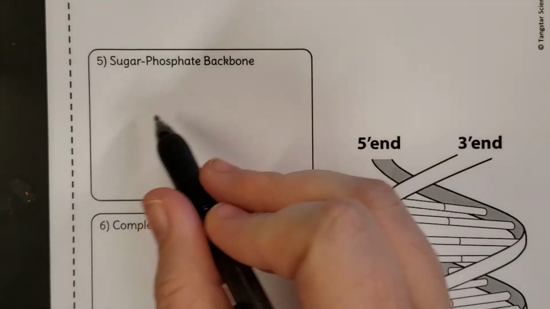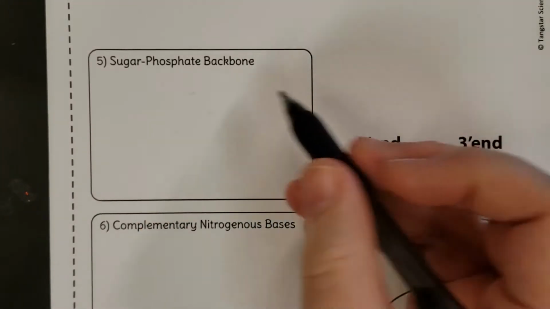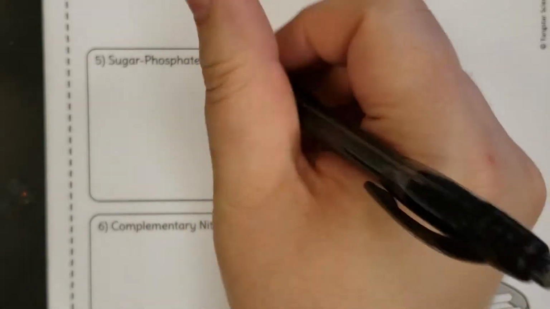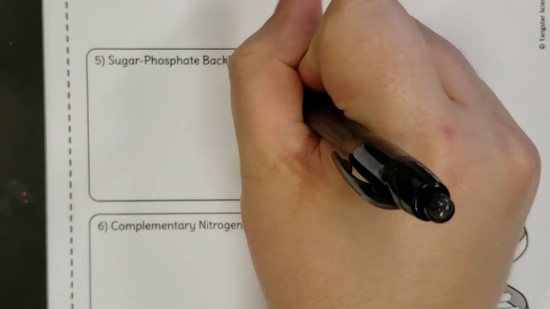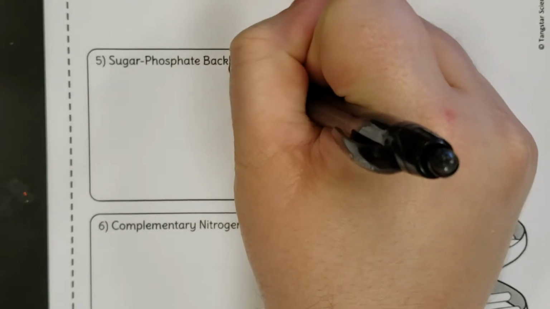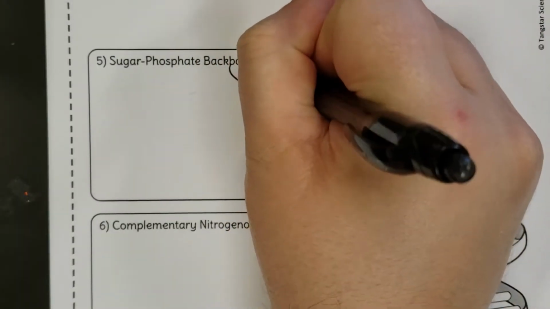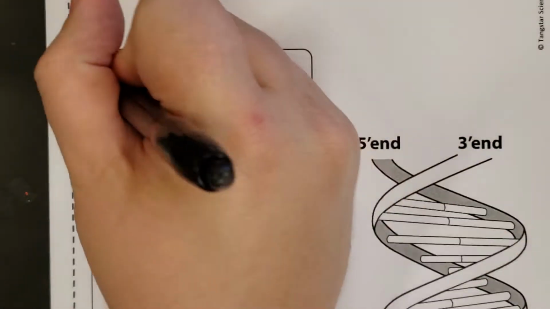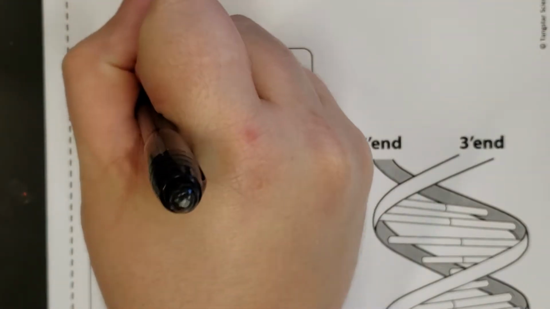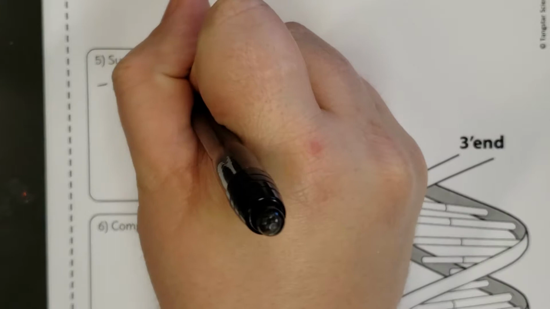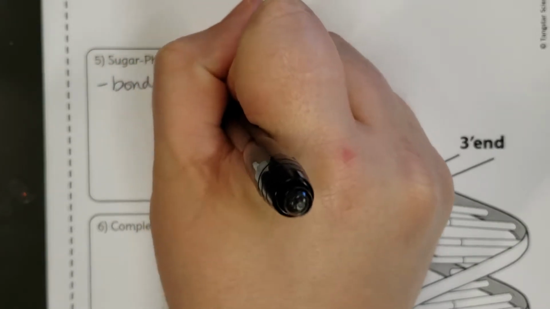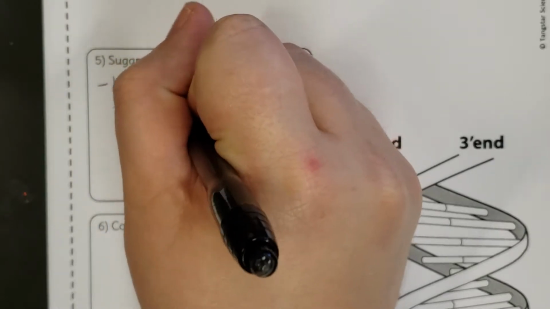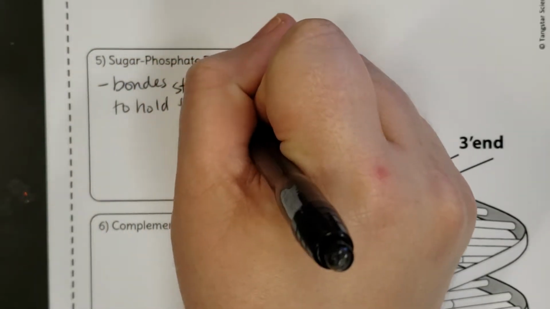Okay, so continuing on from that, here we have our sugar phosphate backbone. I'm gonna draw a little person here, and your backbone is like your spine. It's the part that's kind of holding you up and together. These parts are bonded strongly to hold the strand together.